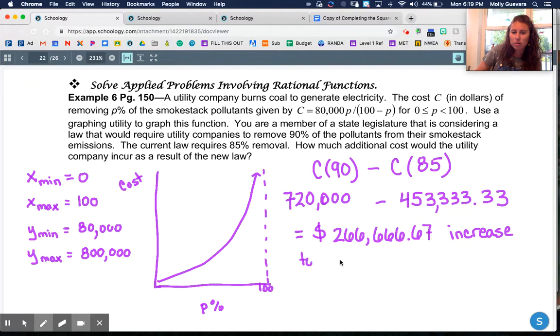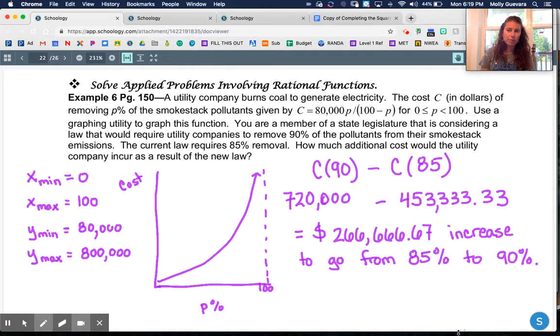To go from 85% to 90%. That's a massive amount of money for a 5% increase. So we're just using our graphing calculator to our advantage and doing all of this work on our graphing calculator.